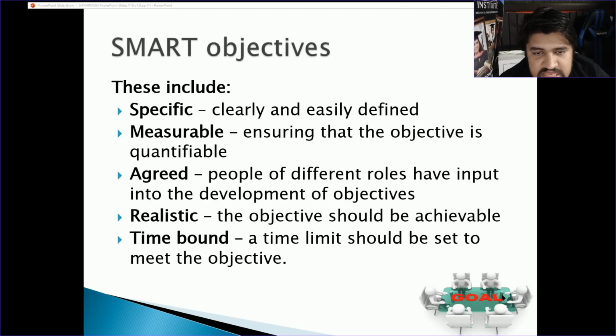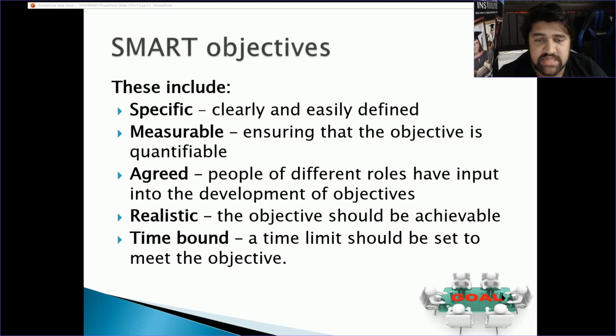Now we've got the acronym, SMART objectives. Essentially you want to put your objectives in that category and assess them against it. If I say, okay, I want my business, by the next financial year, to produce $1 million worth of food, essentially revenue, is it specific enough?